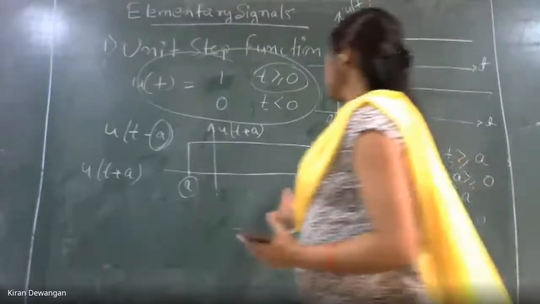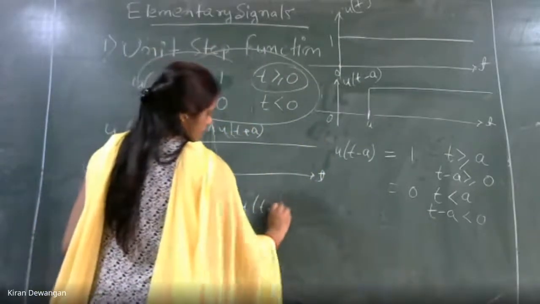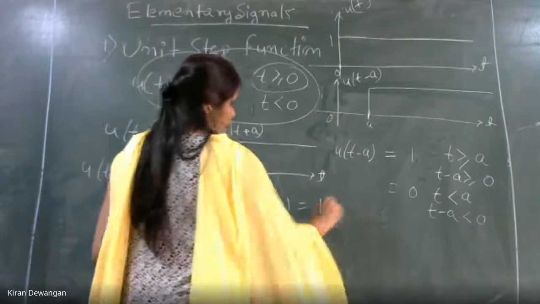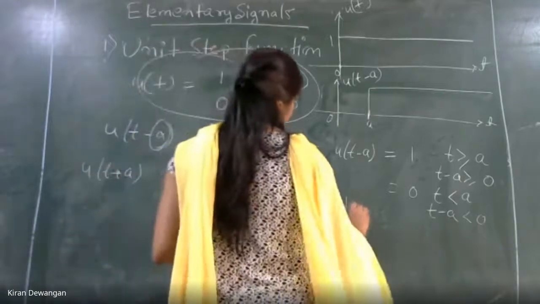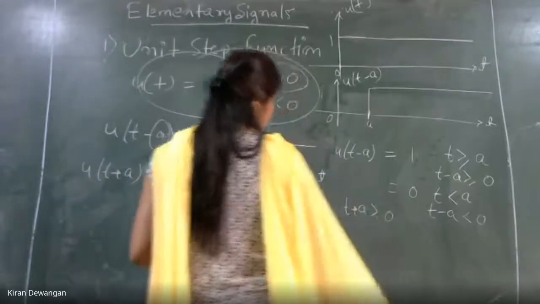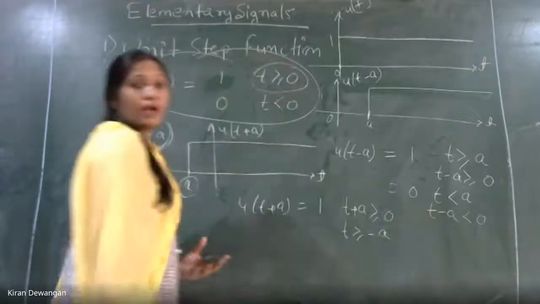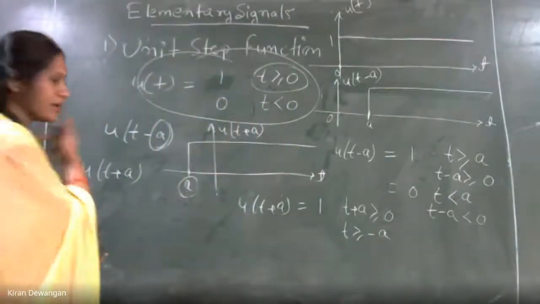Okay, so that is what we can even write: u of t plus a is 1 for t plus a greater than or equal to 0, or t greater than or equal to minus a. Okay?